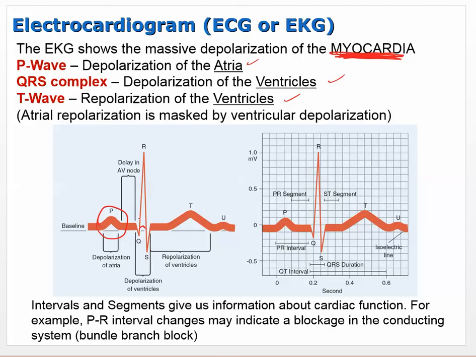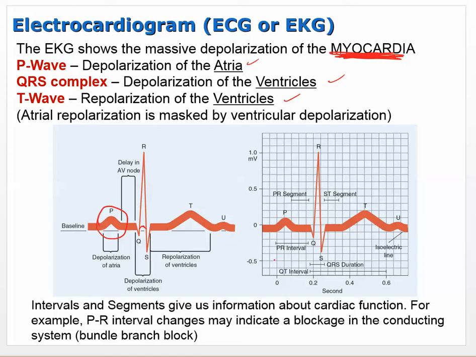So repolarization of the atria is masked by the QRS complex, which is depolarization of the ventricles. Repolarization is the T wave. And then down here, the U wave, you might see that for repolarization of the papillary muscles or some other parts of the ventricles that is timed a little differently.